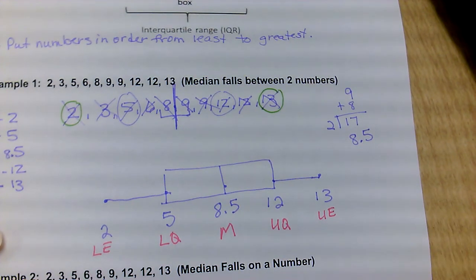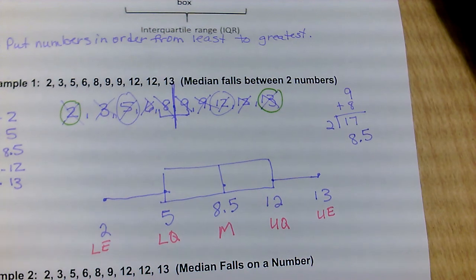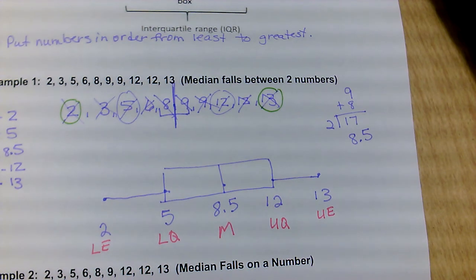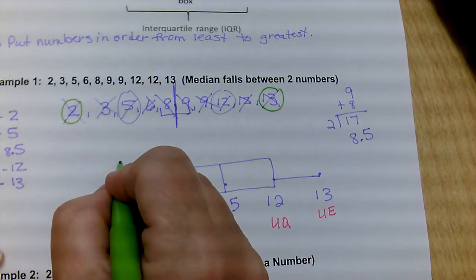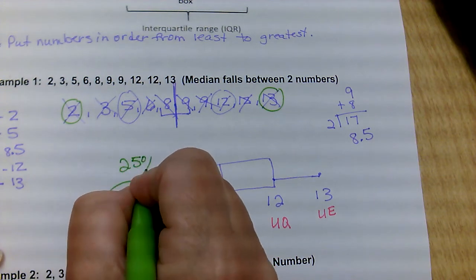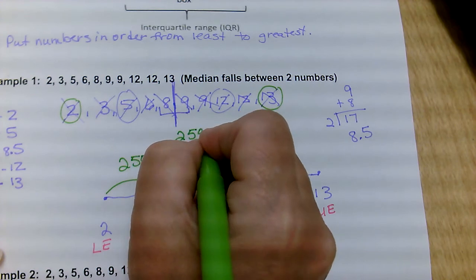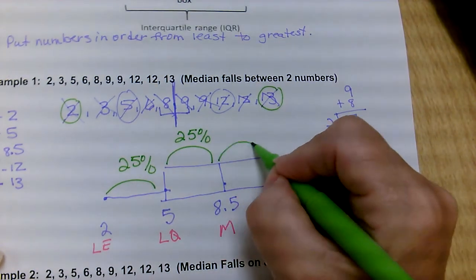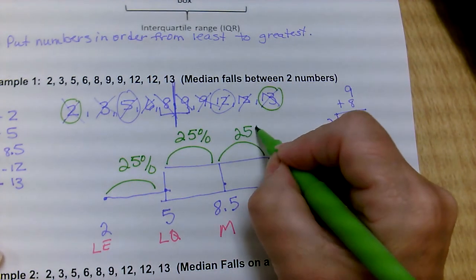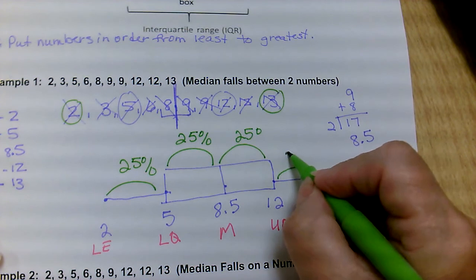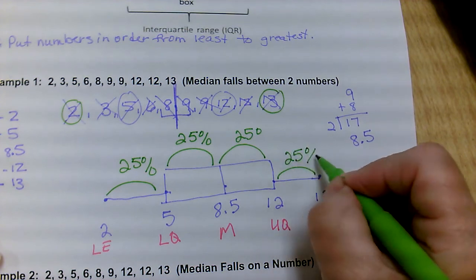What we can talk about with these is that each section in our box plot, from here to here, is 25%. Here to here is 25%, here to here is 25%, and here to here is 25%.